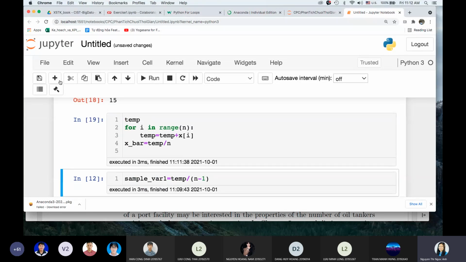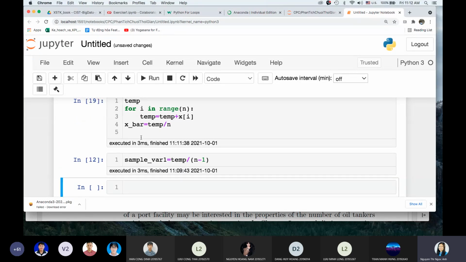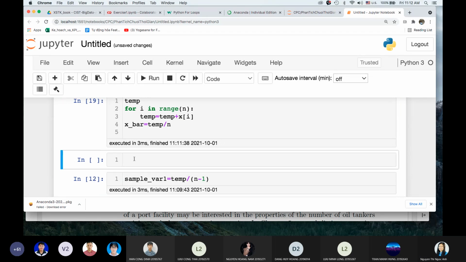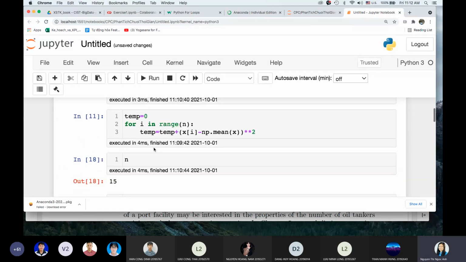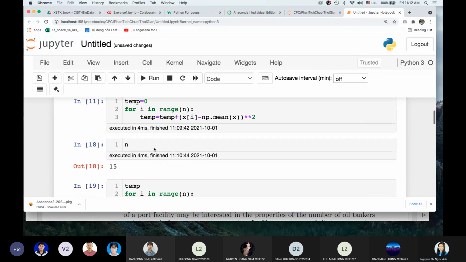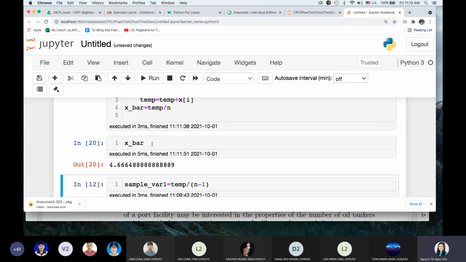Okay, so it runs well, right? And x bar here, the value is correct. I don't know if it's correct or not, so I will check by the numpy function mean of x.